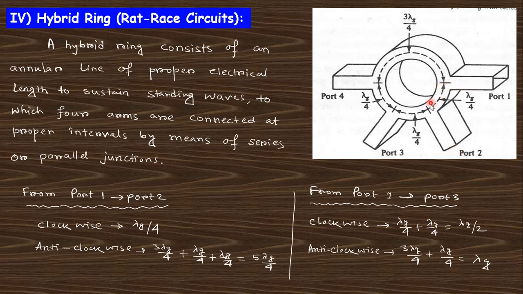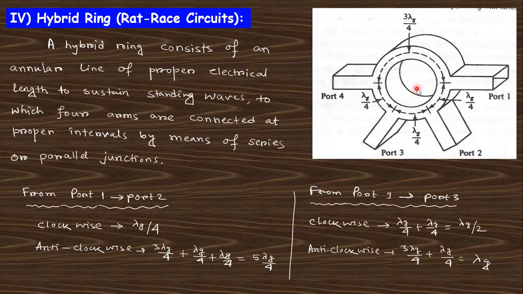In the clockwise direction the path difference is lambda g by 4, but in the anti-clockwise direction there is 3 lambda g by 4, plus lambda g by 4, plus lambda g by 4, that is 5 lambda g by 4. This is the path length in the anti-clockwise direction, and in the clockwise it will be lambda g by 4.